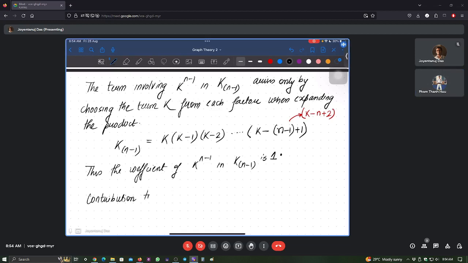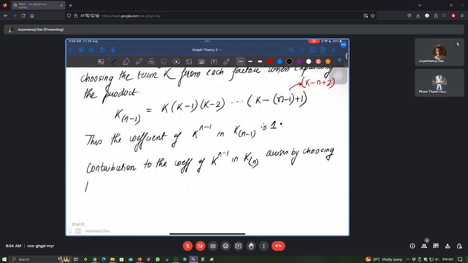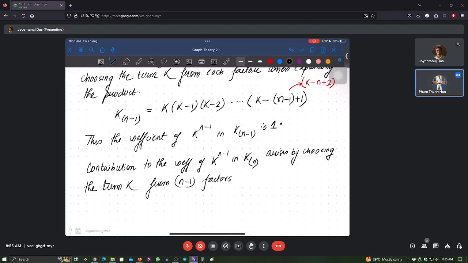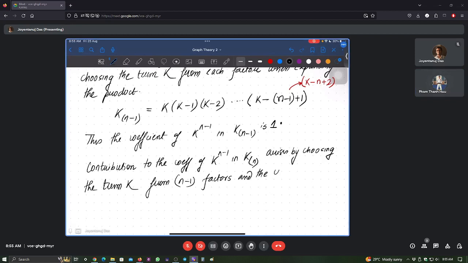The contribution to the coefficient of k power n minus one in k power n arises by choosing the term k from n minus one factors and the constant from the remaining term.